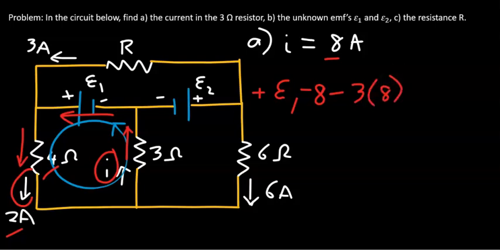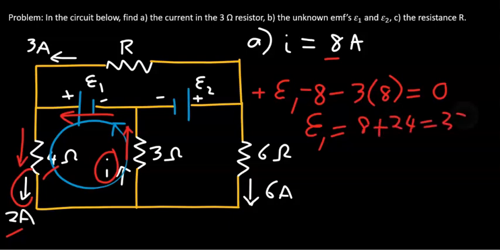There aren't any other components, so these are the only terms in the loop rule, and the sum should give you 0. We can immediately determine the unknown EMF E1 to be 8 plus 24, which is 32 volts. So for part B, we have determined the EMF E1 to be 32 volts.